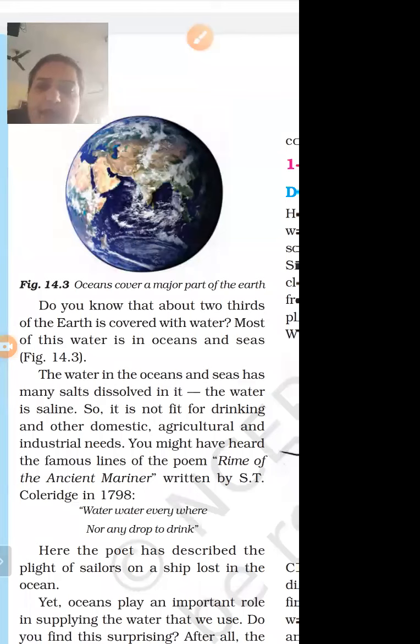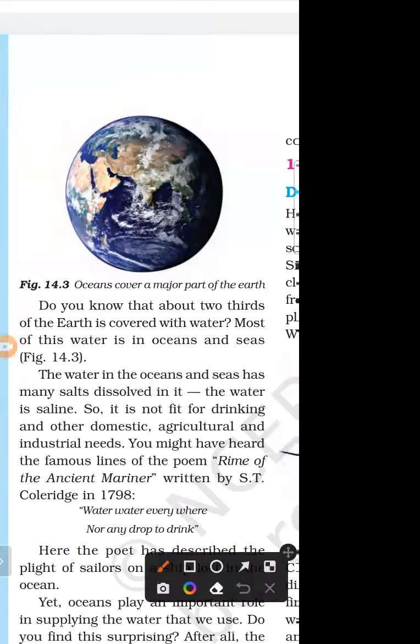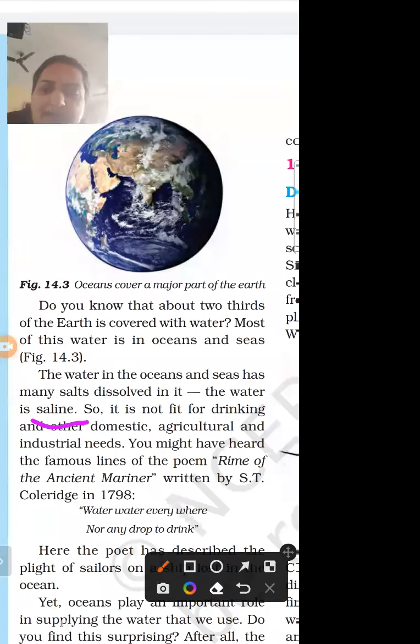The water in the oceans and seas is saline. जो भी पानी ओशियन और सीज में होता है उसमें सोल्ट होता है और वो हम पानी पीने के लिए यूज नहीं कर सकते डायरेक्ट, because the water is saline. Saline means salty. And we can't use it for drinking, agriculture, and domestic purposes.